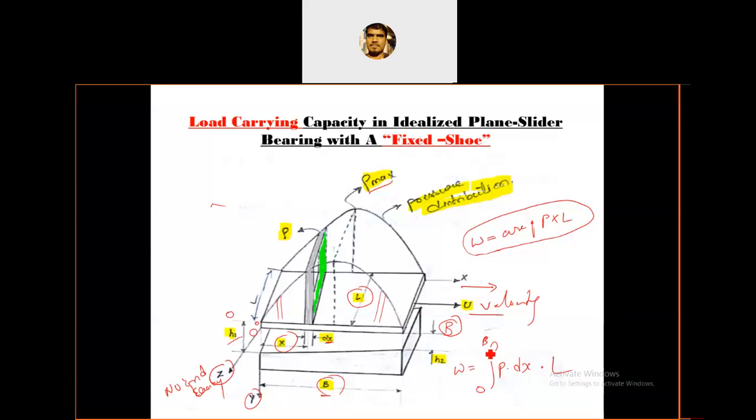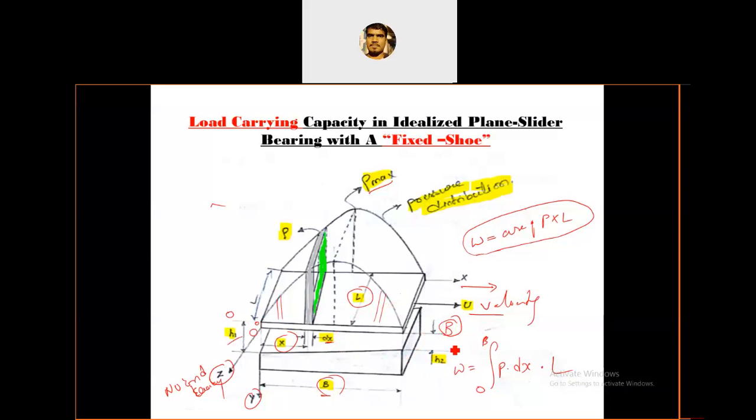This is the load capacity of the bearing for given operating conditions, that is, for a given minimum film thickness h2, the inclination angle between the surfaces, the velocity of the slider, and the viscosity of the oil, which are the parameters we consider.